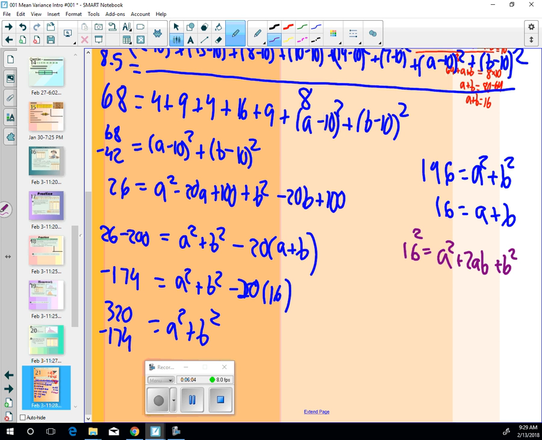So A squared plus 2AB plus B squared equals 16 squared. No, this is right. I'm squaring this one. And what is A squared plus B squared equal to? 146.